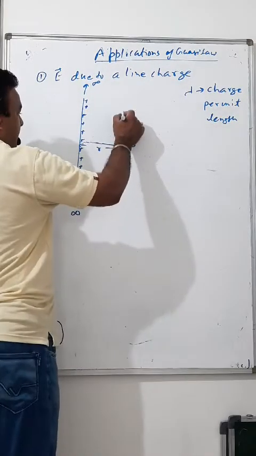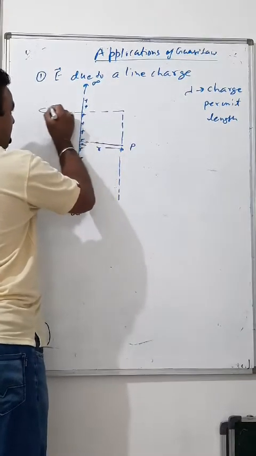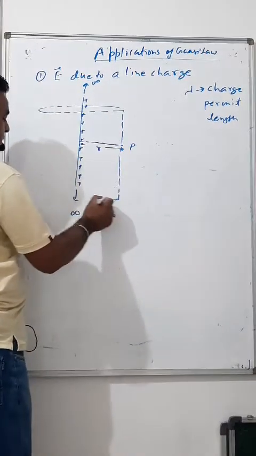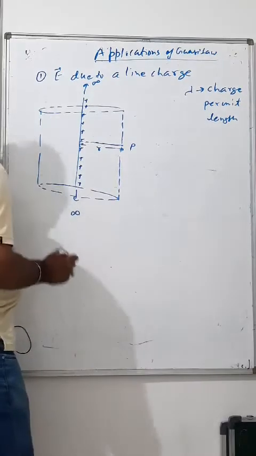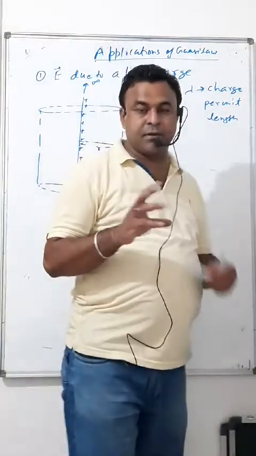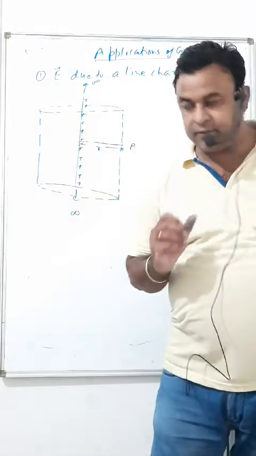What I do here, I draw a line in this way. I'll make a cylinder. Here, this cylindrical surface is hypothetical, and it is called a Gaussian surface.